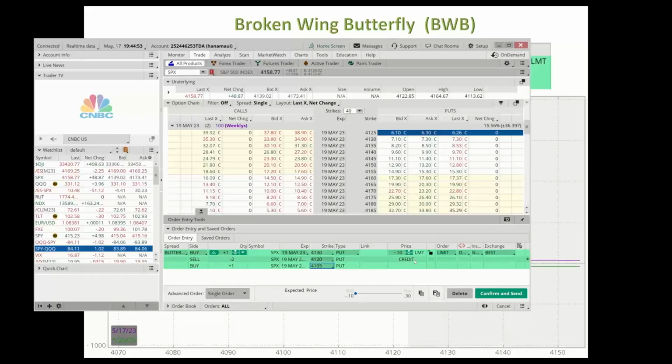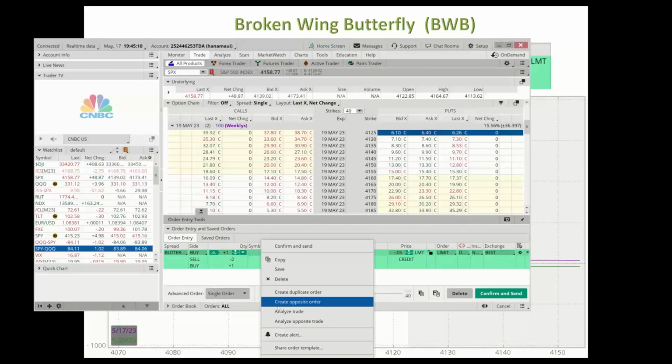We can move $10 in seconds. This is too much risk. I will never do a $10 by $15 BWB. This doesn't give you enough room for protection. I mean, let me show you the graph.